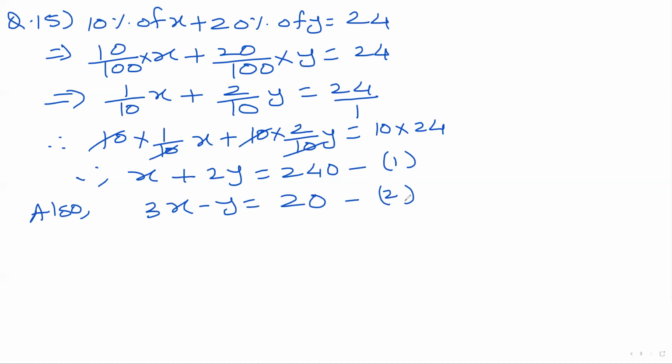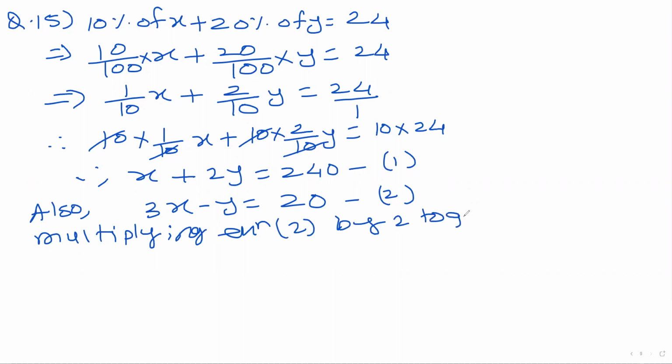Tell me, how will you equate the coefficient? Which coefficient to be equated? You just have to multiply equation 2 by 2. That's all. Because here there is already 2, which is plus, and here we have 1, which is minus. So you have to multiply equation 2 by 2 and add them. So write down, multiplying equation 2 by 2 to get 6x minus 2y is equal to 40.